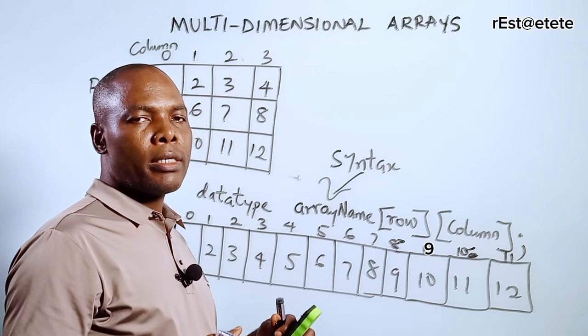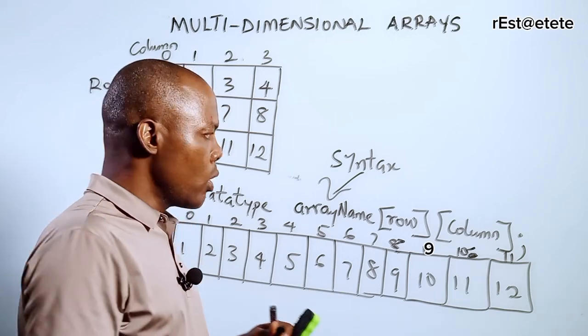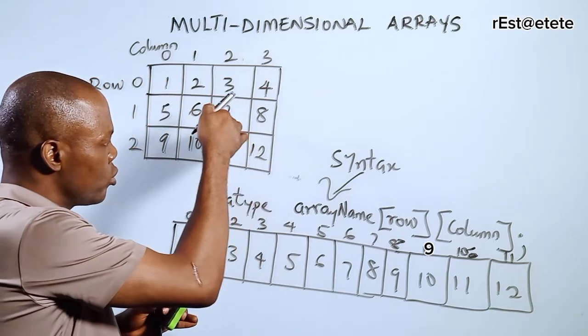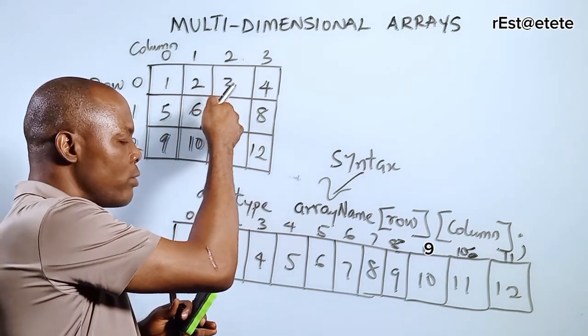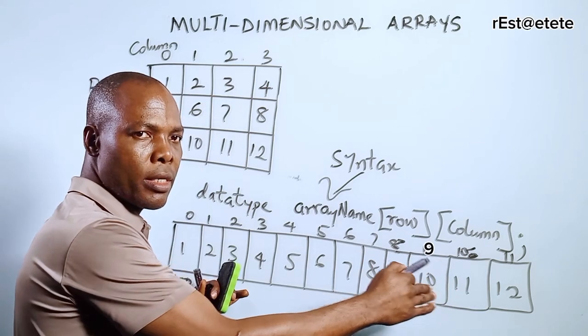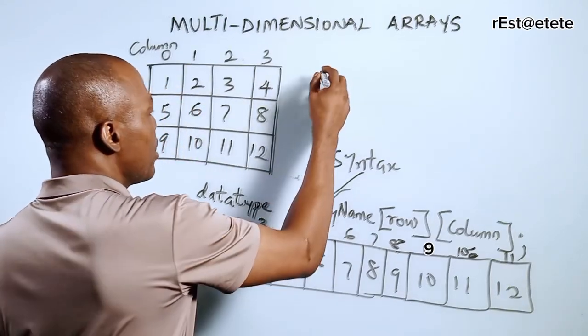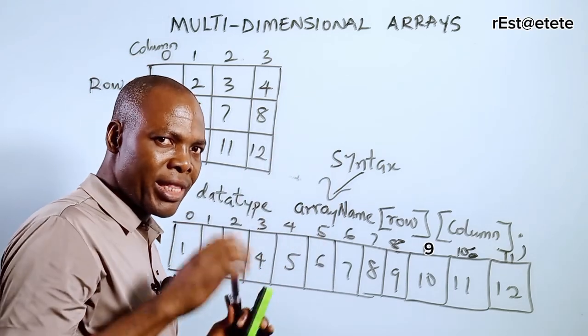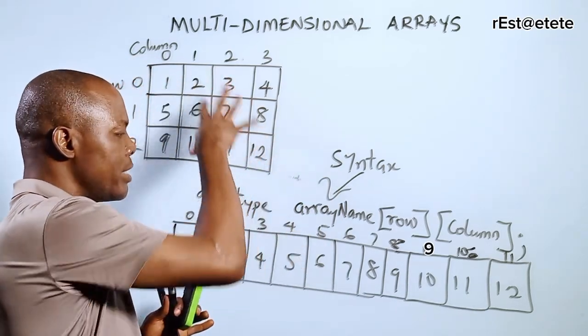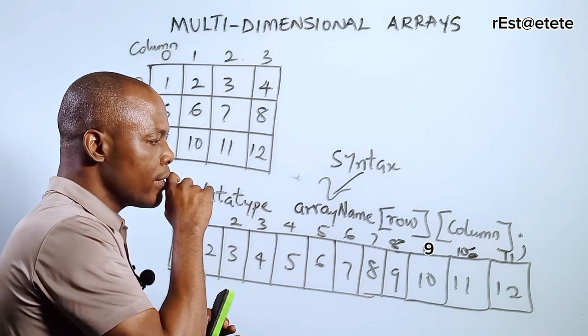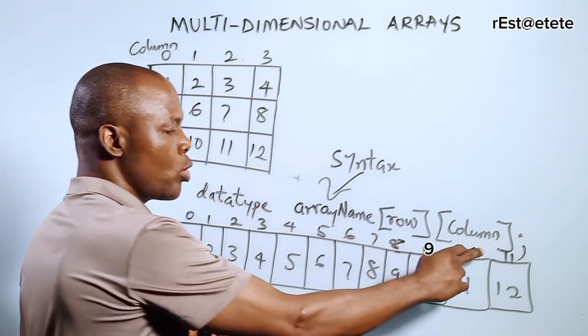Before we even write a computer program, we need to understand how the compiler is going to insert these values into this place. To achieve that, we are going to use a formula, which is what is called flattening. That is, we are flattening this to this. But to achieve that, you need to know the column.